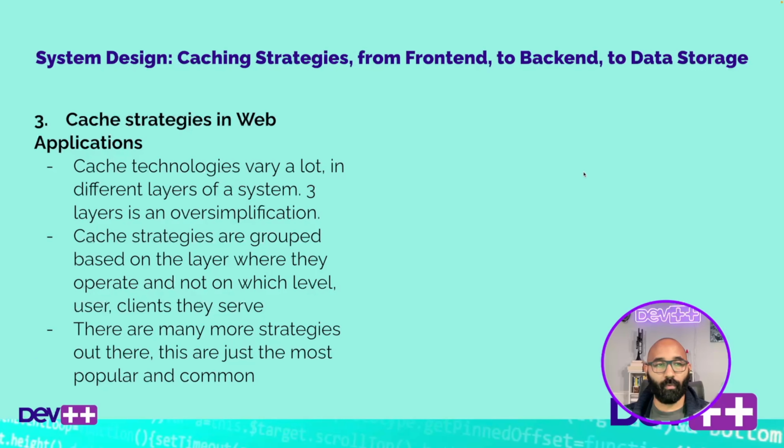Okay, moving forward, some disclaimers for the strategies that we're talking about here. We are talking about certain technologies for caching. Maybe 80% of the caching strategies that are out there for web applications, but there's a lot more. And we're grouping it into front-end, back-end, and data storage for simplification purposes.